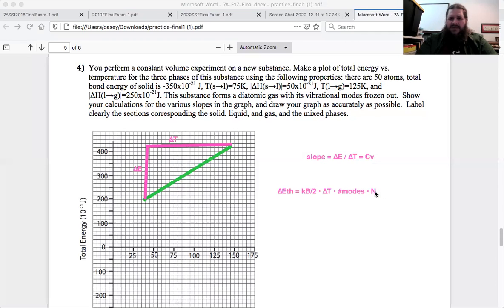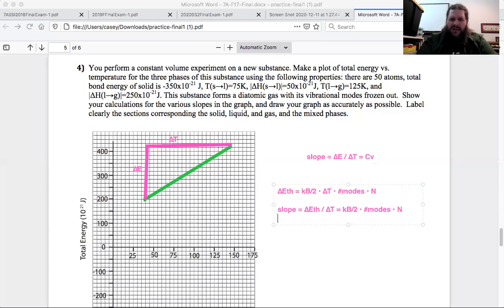So N is just going to be 50. We want heat capacity though. So how do you convert delta E thermal into heat capacity to find the slope? You have to divide by the change in temperature. Right. So the delta E thermal divided by delta temperature is just going to cancel out delta T. So this is going to give us the slope.